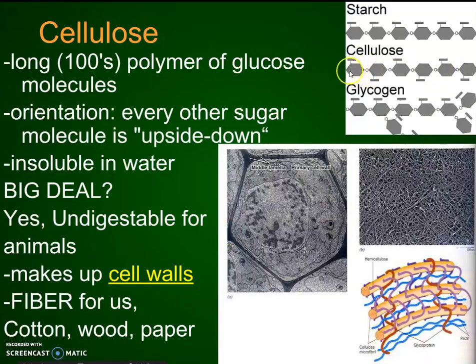Your cells need glucose, but when we eat cellulose, we cannot break these chains apart because they're undigestible for us. Really that should say undigestible for humans. They make up plant cell walls, and we call them fiber. Cotton, wood, and paper are all examples of cellulose.